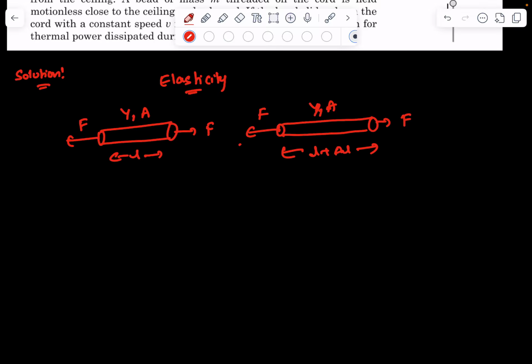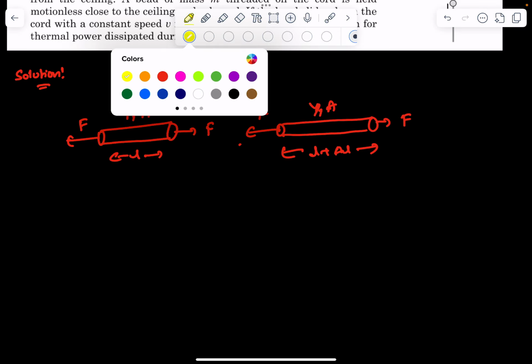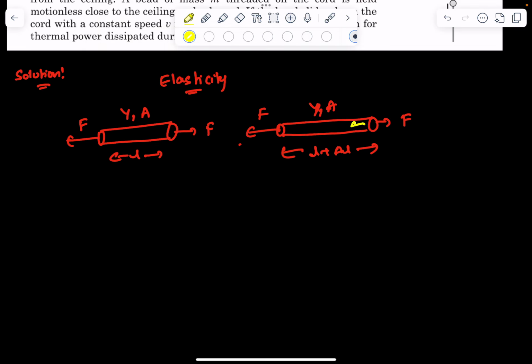If suddenly we remove the forces we are applying externally, the wire is going to come back to its natural state. This property we call the elasticity of a body. This happens because of a force developed inside, which we call the restoring force.